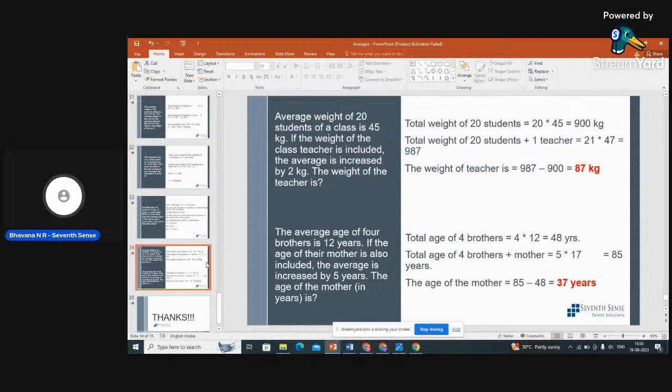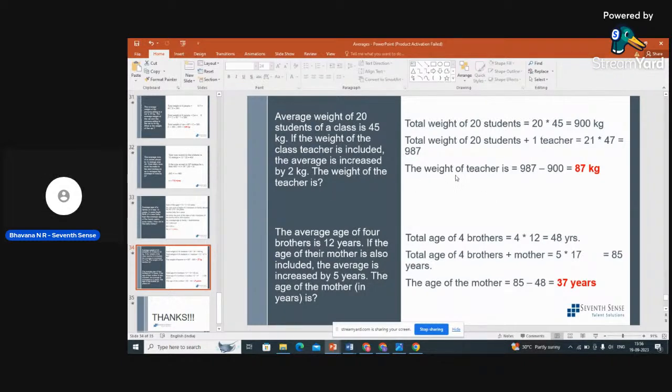So next, the total weight of the 20 students plus one teacher is equal to 21 into 47, that should be 987 kg. So what was asked is the weight of the teacher.